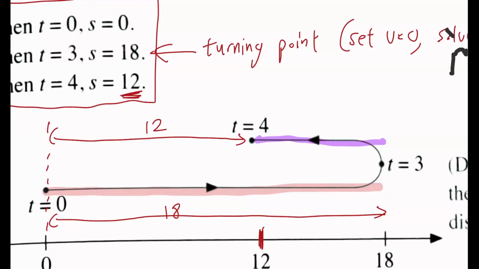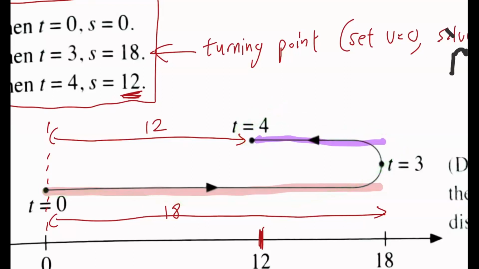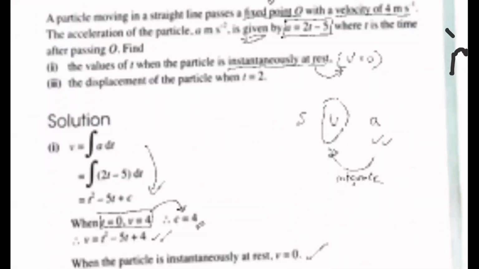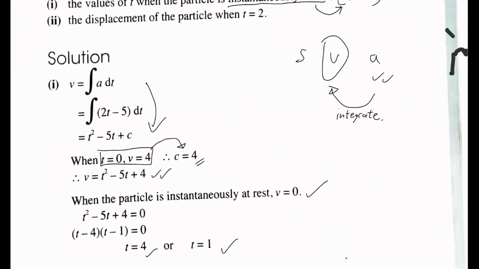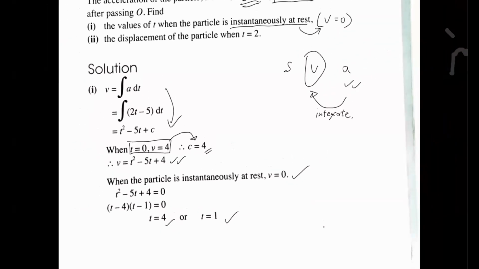You're turning at that point. So just now you had only a single t equals 3 and one single turning point. Now that you have two different values of t, how many turning points? 2, at t equals 1 and t equals 4. Okay, so know that at the back of your mind, and we carry on and solve the rest of the question. Part 2, find the displacement of the particle when t equals 2.